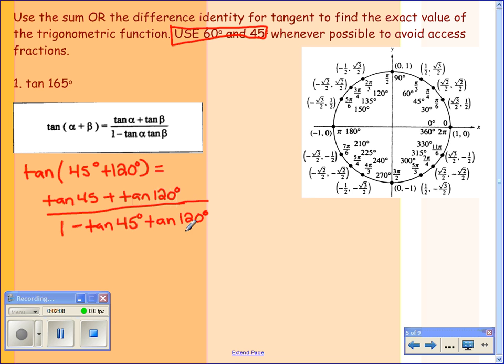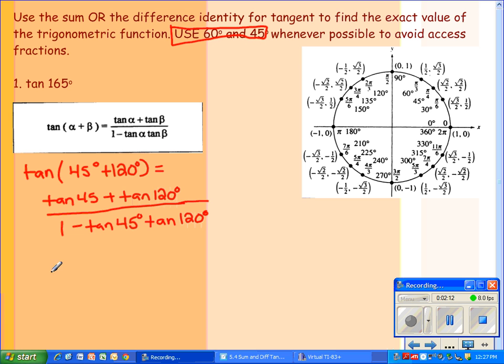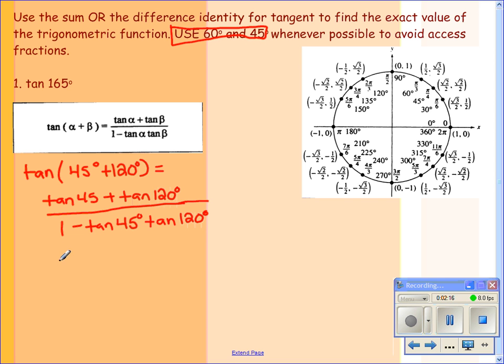If we fill that in, you're just going to have to use your unit circle. Remember, your tangent values are what you wrote around the unit circle. Tangent of 45 degrees is 1, plus tangent of 120, which is negative square root of 3, divided by 1 minus tangent of 45, which is 1, times the negative square root of 3.